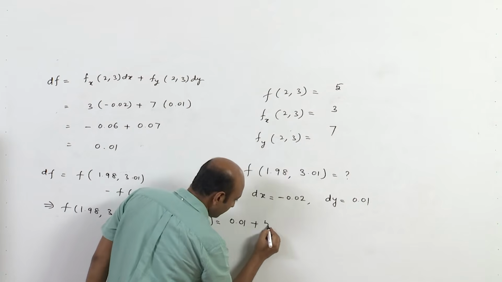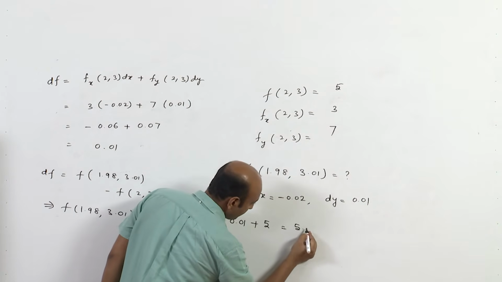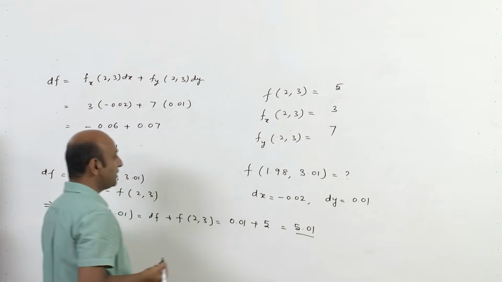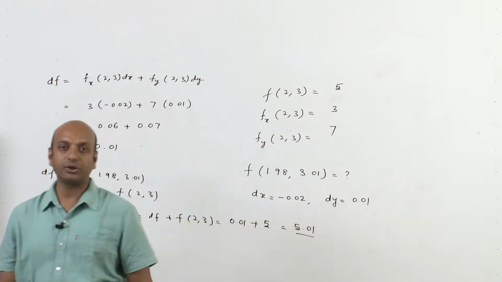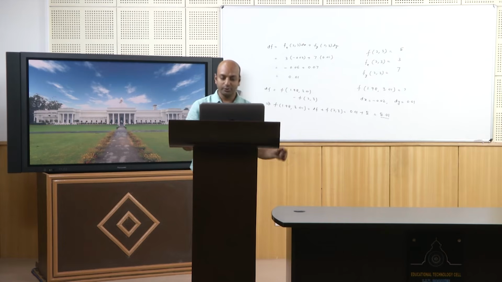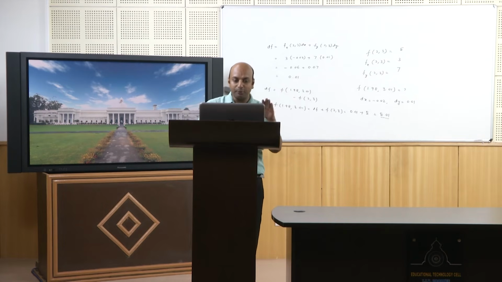So, this will be 5.01. So, the approximate value of the function at this point is 5.01. So, this is one type of problem which can be solved using differentials.